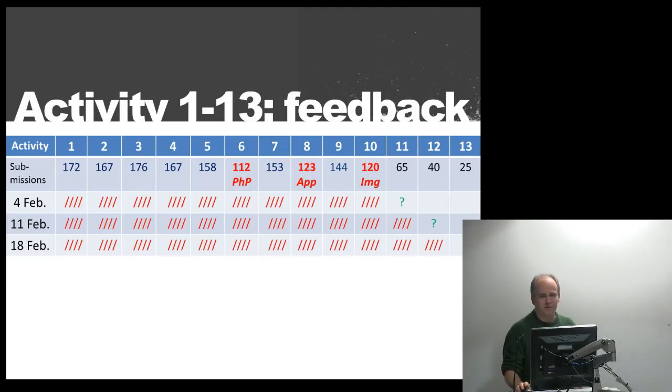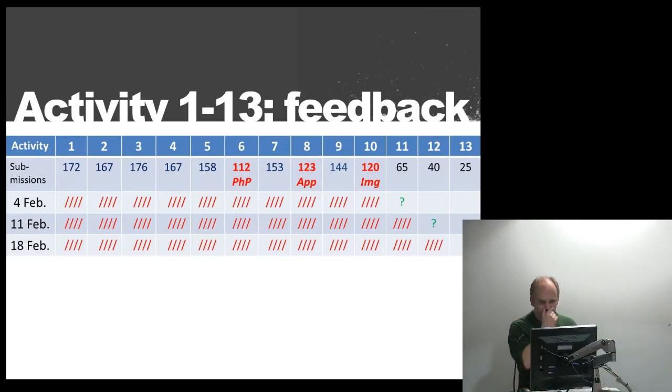But if you look at the first 10, because all the deadlines have passed, you can see that we started at 172, now we are at 120, and I have highlighted the activities which are maybe the most technical, and usually the numbers are quite bad there, so it's not a good sign.